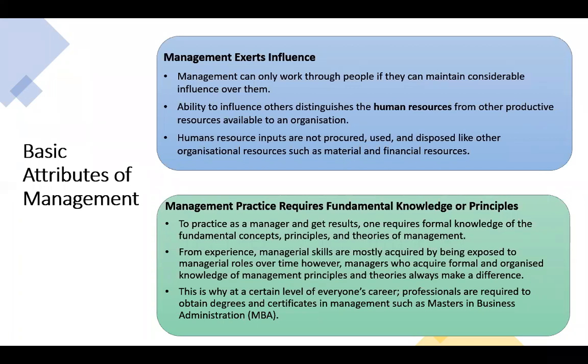Human resource inputs are not procured, just the way you say you want to procure a machine. No, you don't procure human resources, you hire them. So human resources are not like every other resource of an organization.